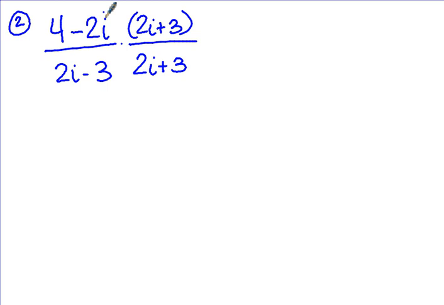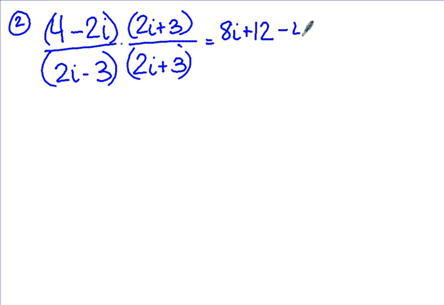And then we just need to distribute our way through. Here, 4 times 2i gives me 8i. 4 times 3 gives me 12. Negative 2i times positive 2i gives me negative 4i squared. And negative 2i times 3 gives me negative 6i.